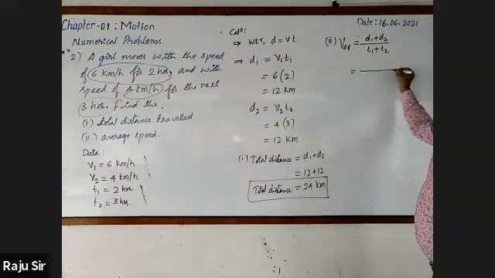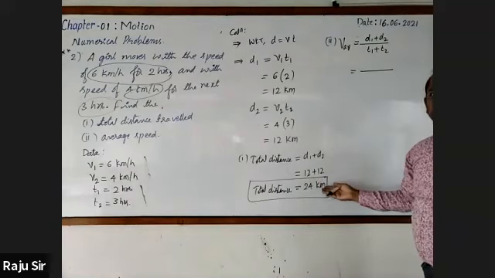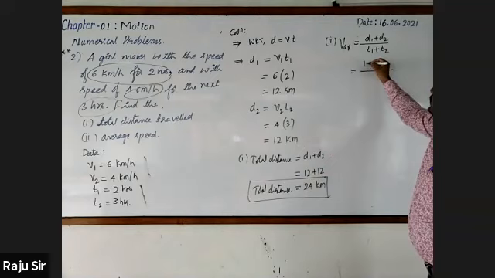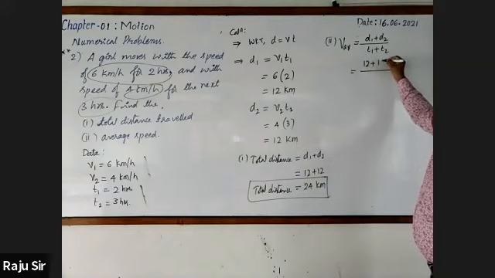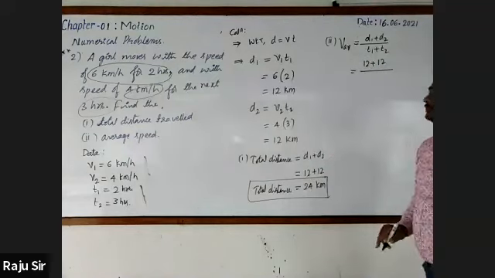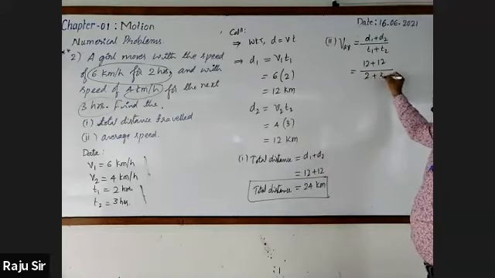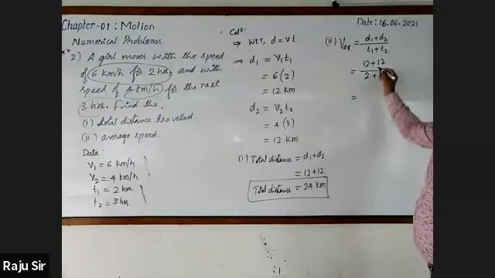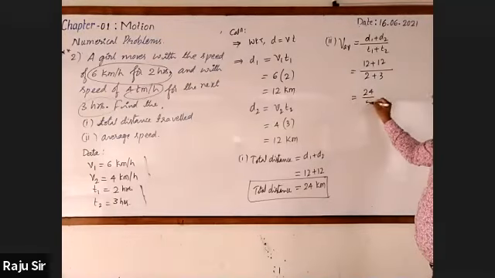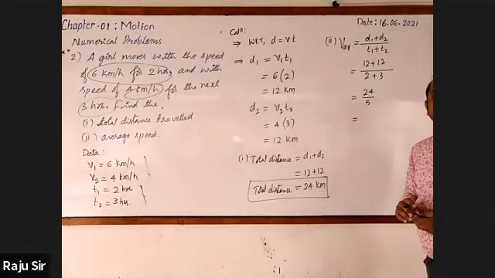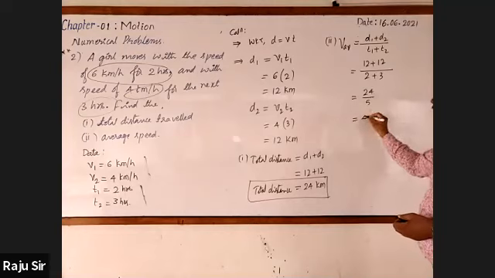Substitute d1 plus d2. Directly we may write 24, where d1 is 12 and d2 is 12. This can be substituted by t1 plus t2, 2 plus 3. It is equal to 24 by 5. It can be divided. 5 4s are 20. 4 will remain.